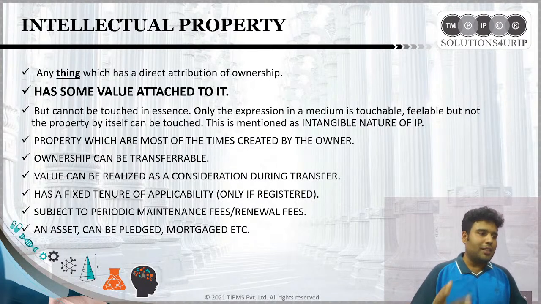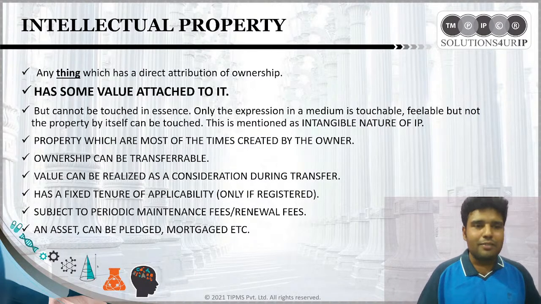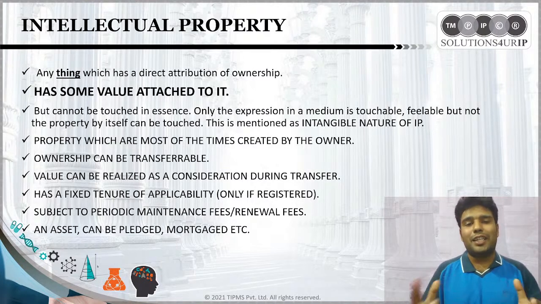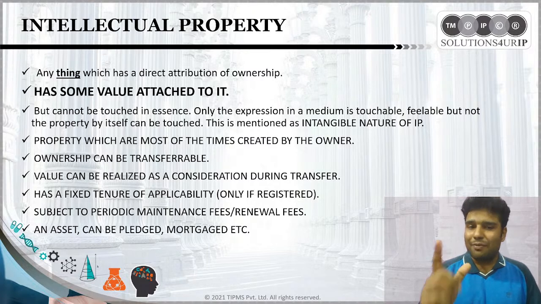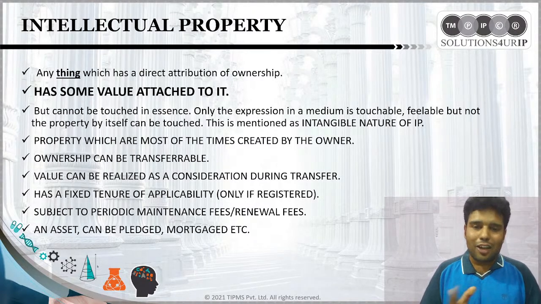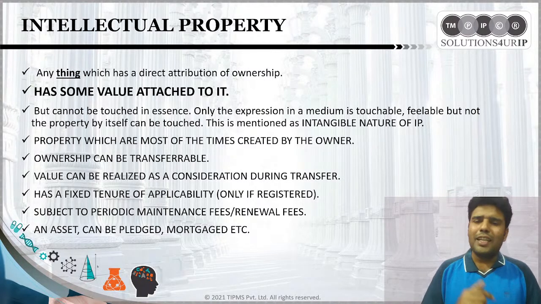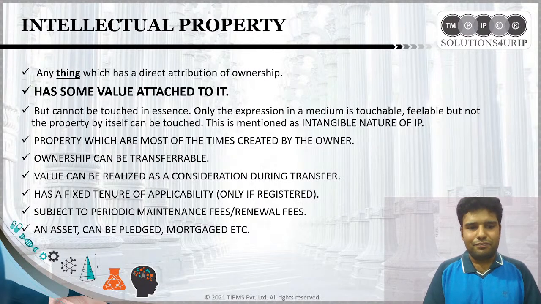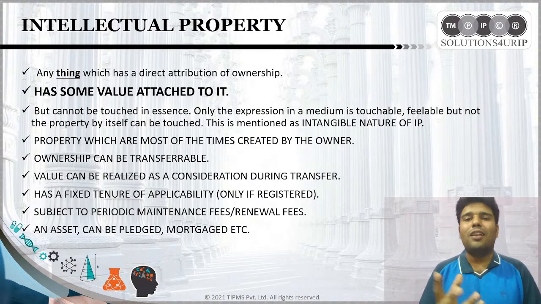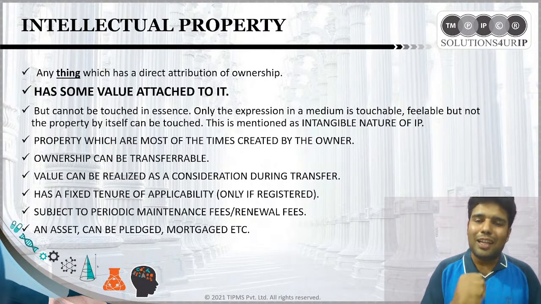So just brushing up, what is an intellectual property? A thing which has a direct attribution of ownership, has some value attached to it, cannot be touched in essence, but it is intangible in nature, which is most of the time created by the owner, or else you can also buy and sell that particular value.